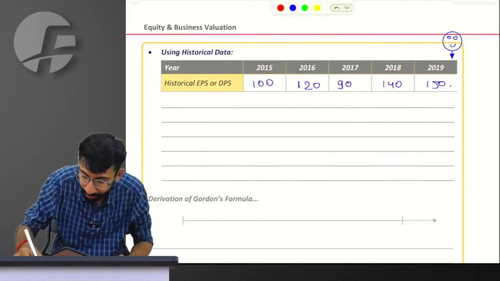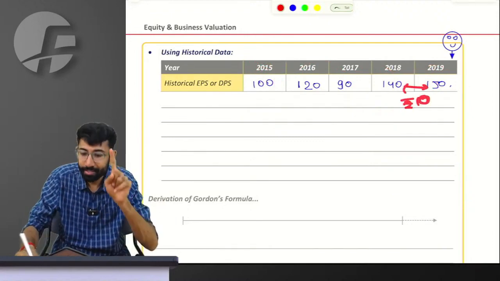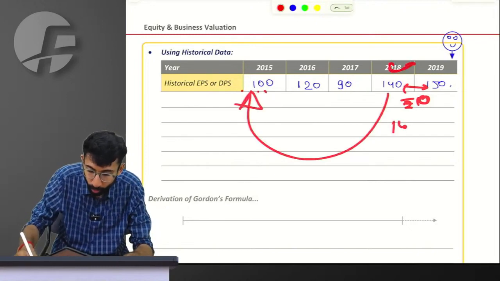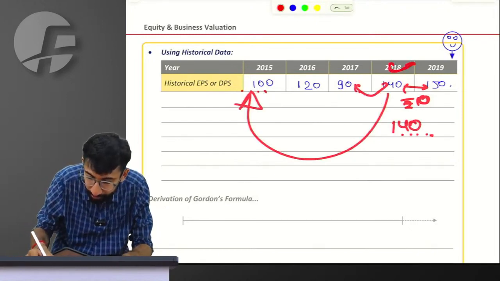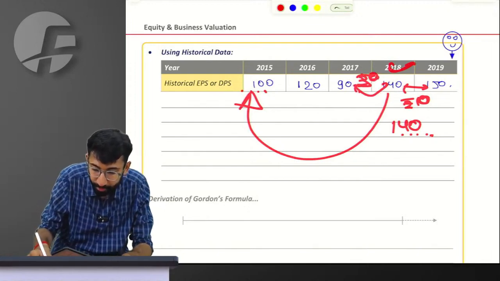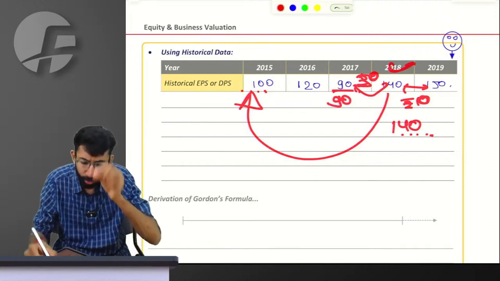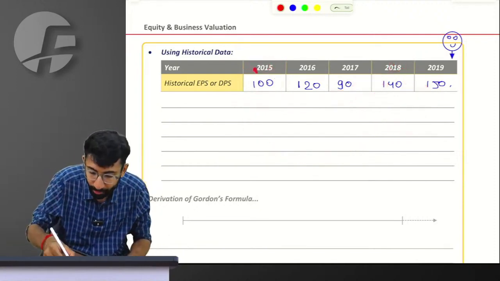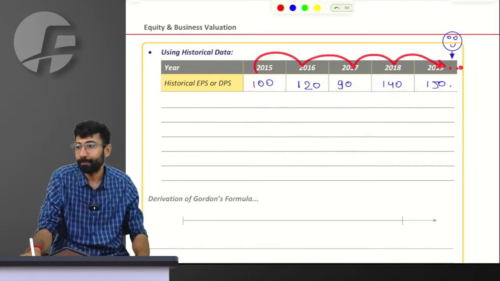If you look at this part, this 10 rupees has grown, but not on a base of 100; it has grown on a base of 140. Similarly, this 50 rupees has grown on a base of 90, which means I cannot consider the base as 100 every year. That is why this method is not correct, because it is missing the compounding effect.